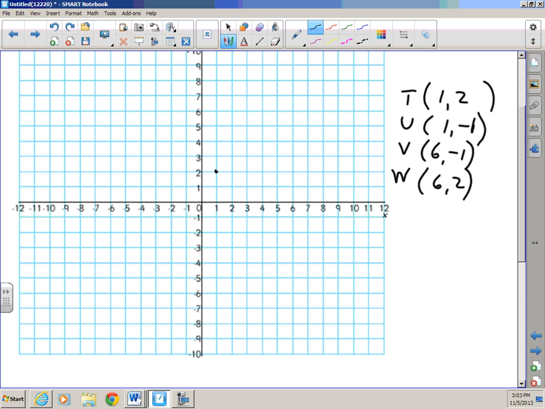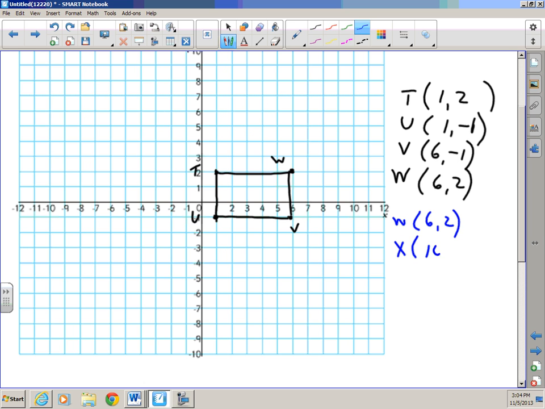So we're going to plot those 4 points. Hopefully you see that this forms a rectangle because I have 4 intersecting vertical and horizontal lines. And then W is the same 6, 2.